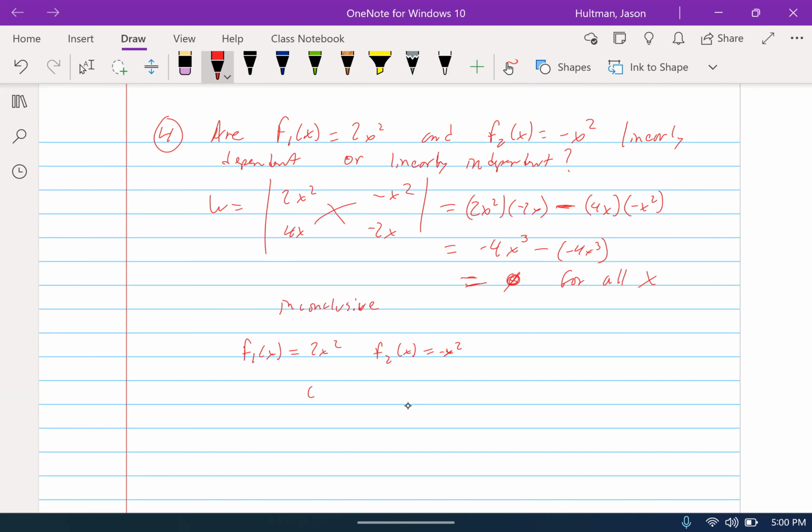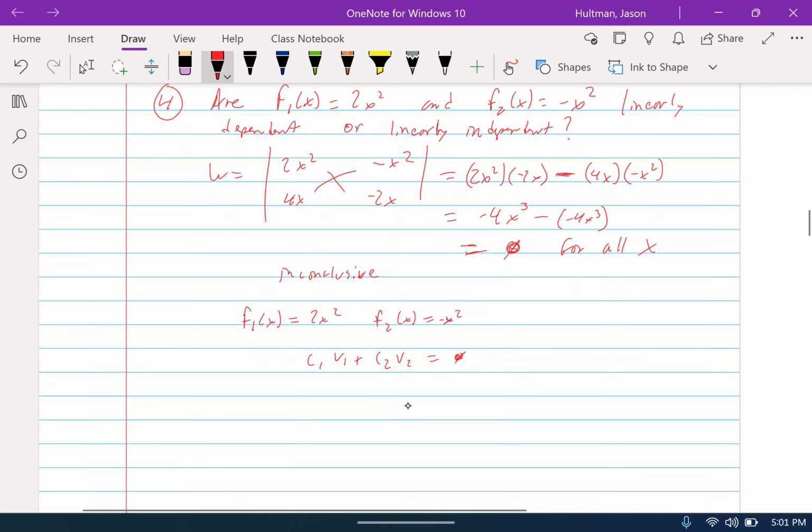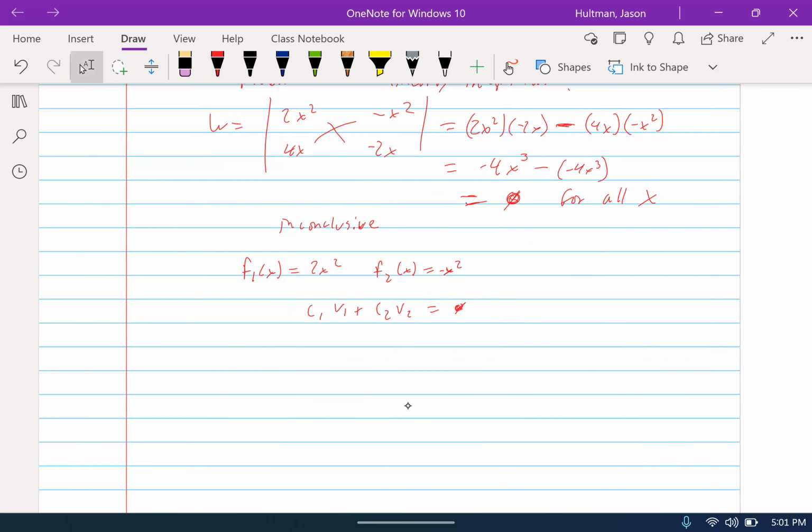Remember, c1 v1 plus c2 v2 equals 0. If the only values for c1 and c2 are 0, then it's linearly independent. If there are other values for c1 and c2, then it's linearly dependent.